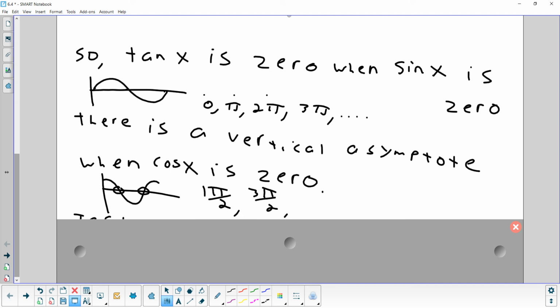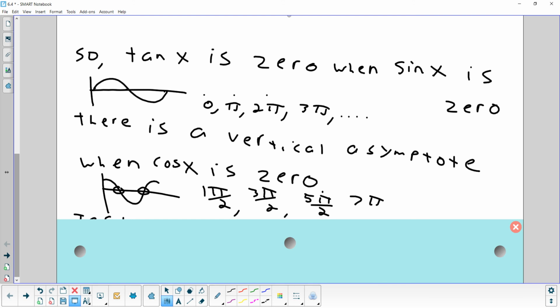The next one would be 5 pi over 2, 7 pi over 2. You're going to have a vertical asymptote in the graph of tangent at every odd multiple of pi over 2. Even multiples of pi over 2, well, that's fine. But odd multiples are not fine.